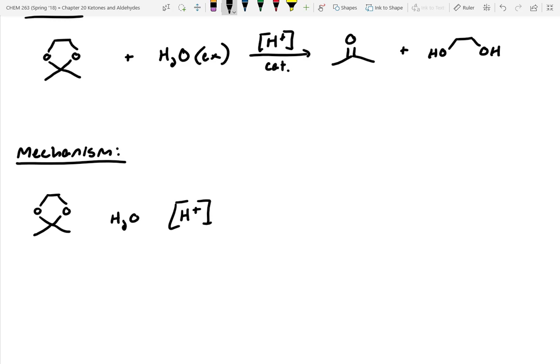The first step is going to be in equilibrium, and that's going to be protonation of one of the oxygens in your cyclic ketal. Okay, now we've got to decide on the next step. We still have water floating around, so I'm going to just draw that in. What do you think happens in the next step?